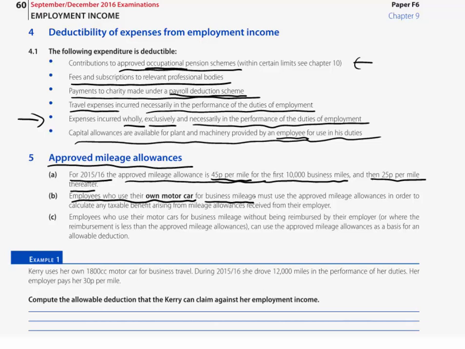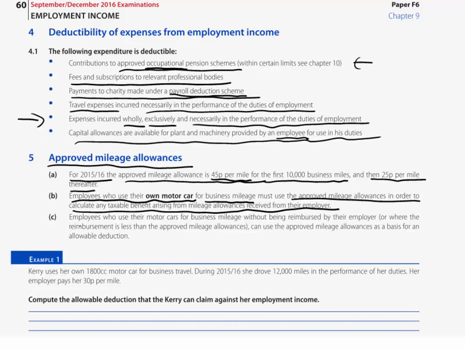But employees who use their own car for business mileage use the approved mileage allowances in order to calculate any taxable benefit arising from the mileage allowances received from their employer, i.e. they are other than the approved rates of 45 pence per mile for the first 10,000 miles and 25 pence per mile thereafter.